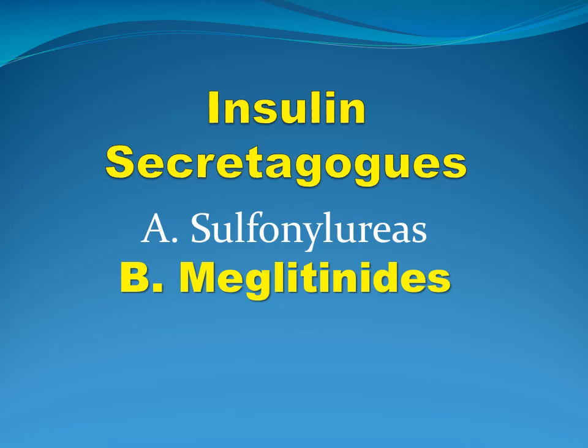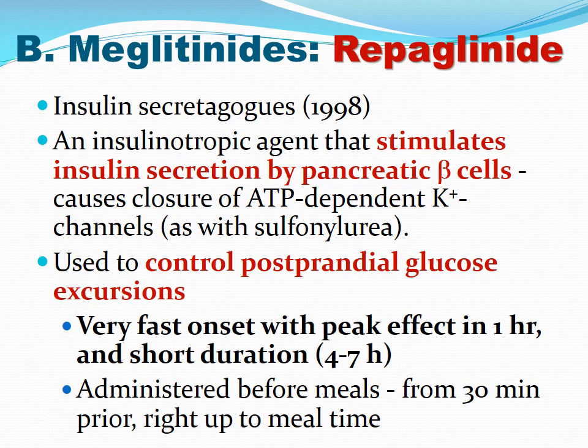The second group of insulin secretagogues includes meglitinides, such as repaglinide. These drugs were developed in 1989.